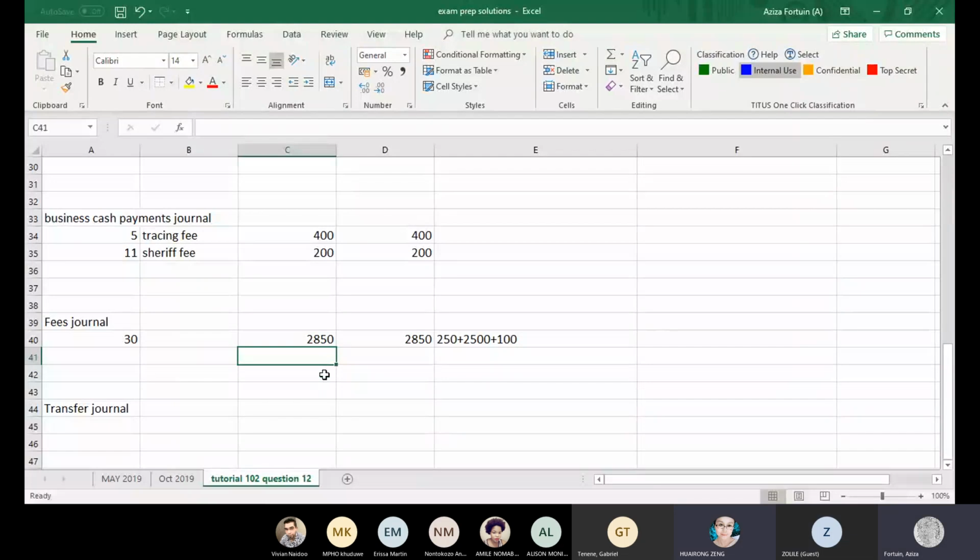Yes. I'm not too sure, but I think we should also record, because we still have to pay the one-third share of the fees. That also should go to the fees journal. Okay, the one-third of the fees you want to put in the fees journal. Yeah, and how much is that?